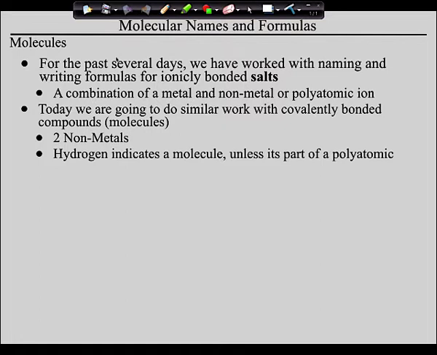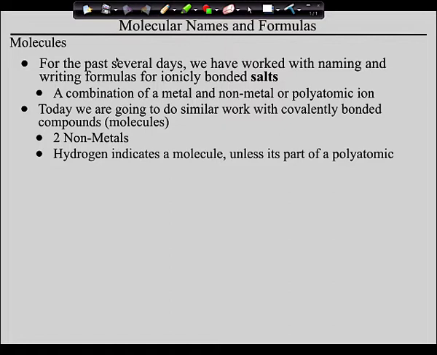If you have hydrogen in a compound, remember, hydrogen is freakishly strong and is able to bond covalently with the nonmetals, even though hydrogen is a metal. So hydrogen is the one exception, unless that hydrogen is in a polyatomic ion, like acetate, the one that Mason got us thinking about, the CH3COO acetate.